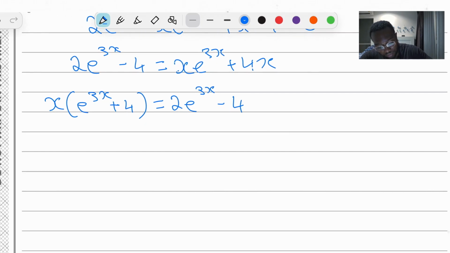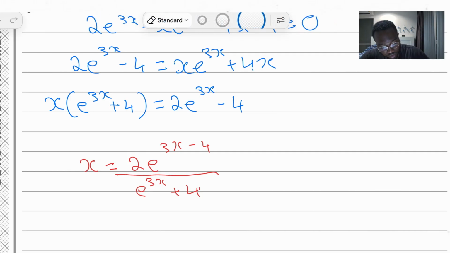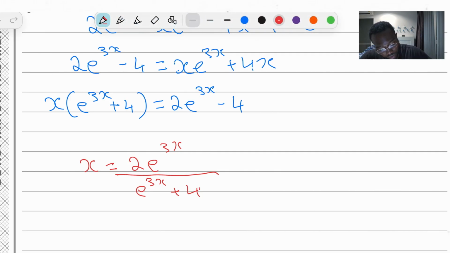Therefore, x is equal to 2e to the 3x minus 4 over e to the 3x plus 4, and this should be written down here. So that's e to the 3x minus 4, like that.